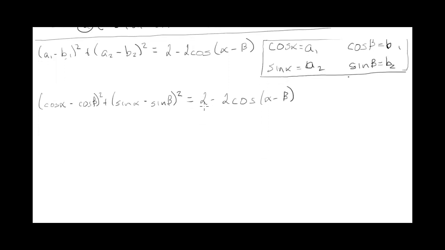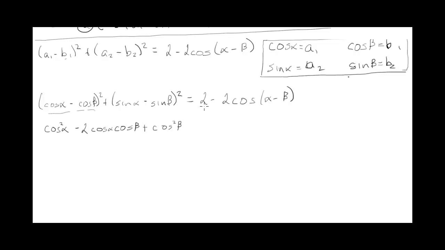Now remember, I'm going to solve for this to try to get an identity for it. But before I do that, I'll just expand this, because what you're going to see is a lot of this is going to simplify once we expand. So if I expand, I get cos squared alpha, minus 2 cos alpha cos beta, plus cos squared beta. That's just expanding this one.